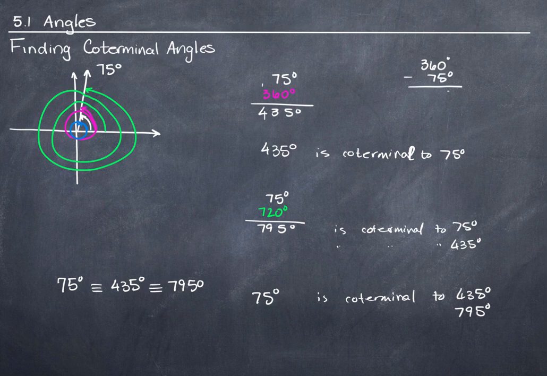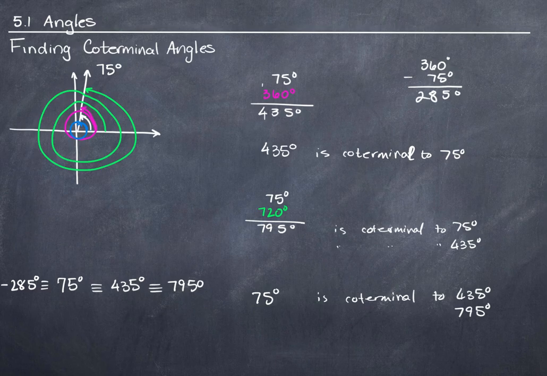So negative 285 degrees is also coterminal to 75 degrees and is also coterminal to 795 degrees.